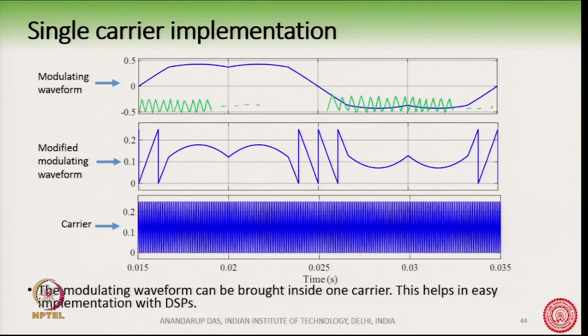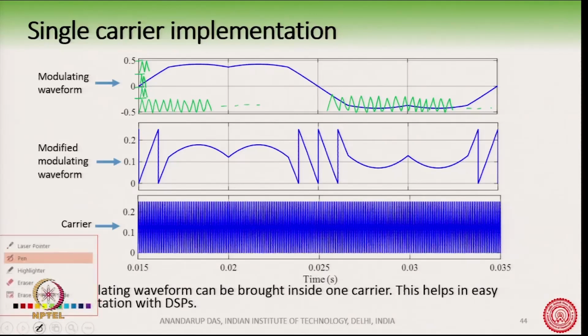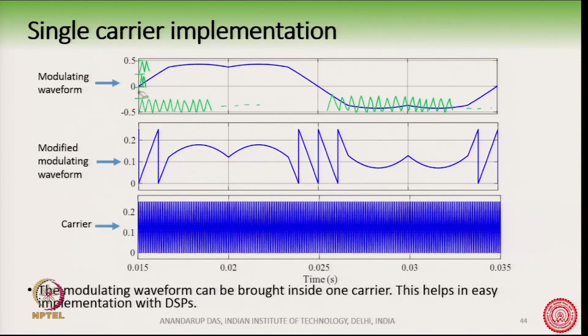Here there is the second carrier, third carrier, and then the fourth carrier, not shown here. We are not going to use these 4 carriers, but instead we will be using a single carrier.